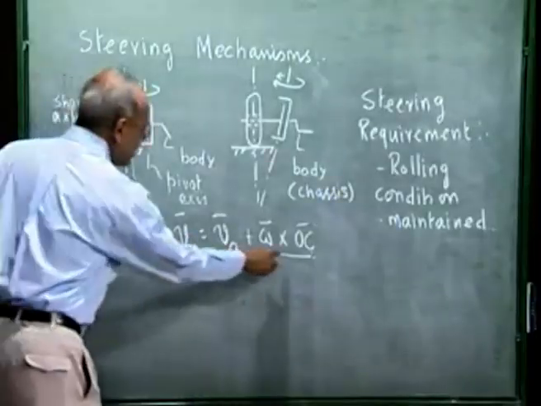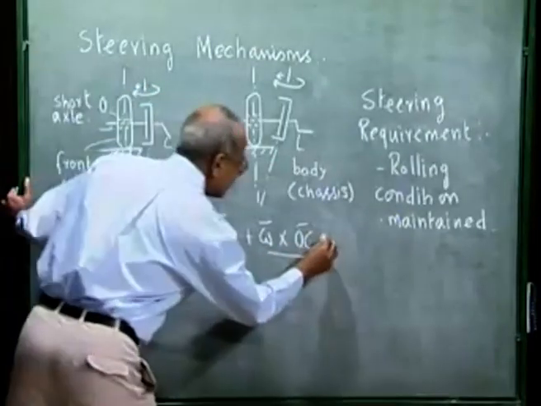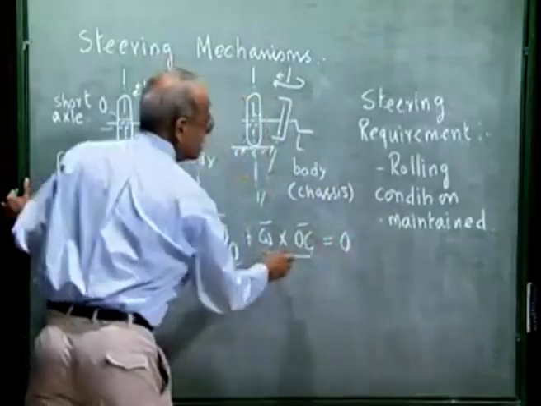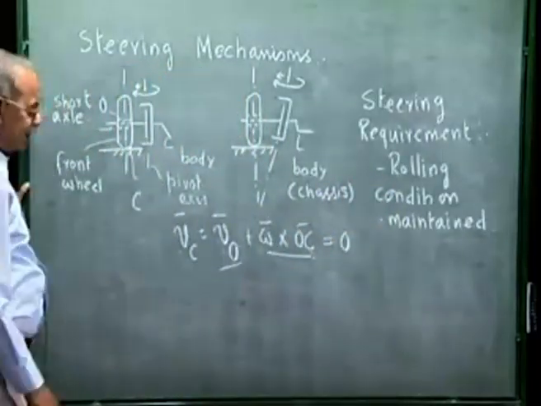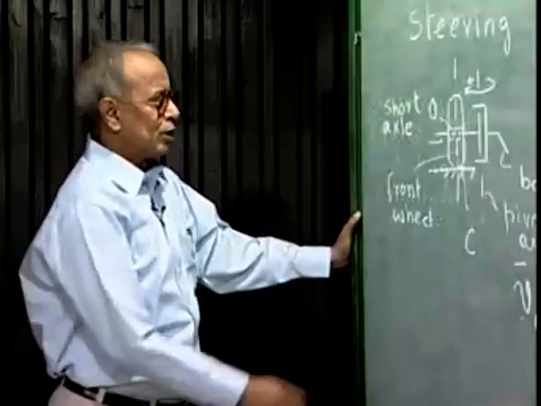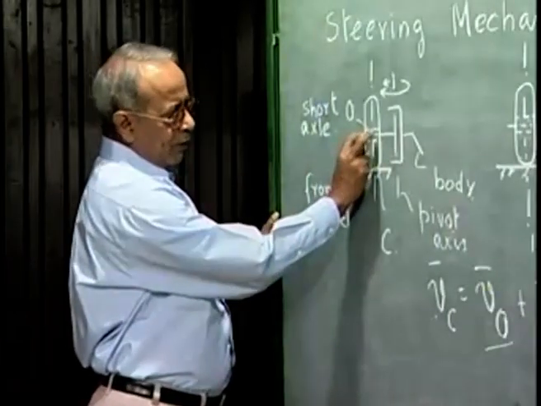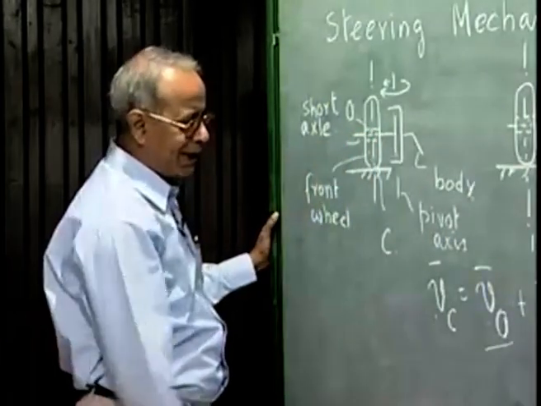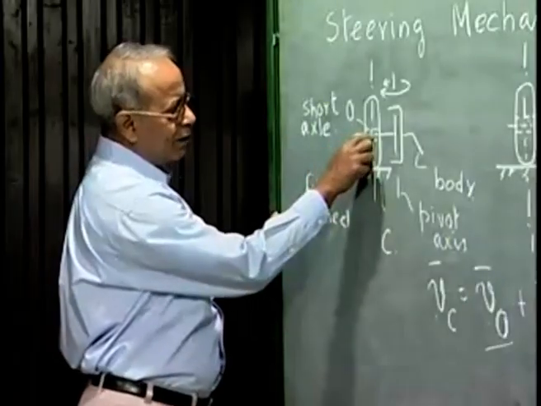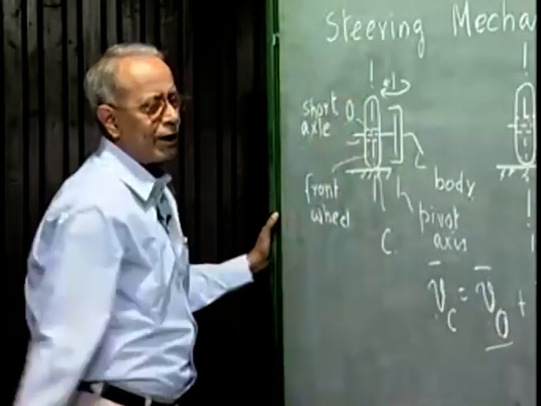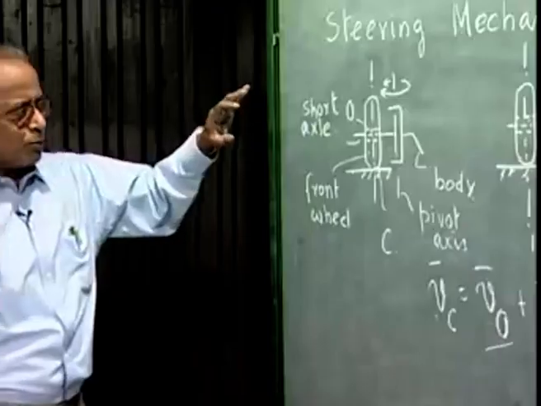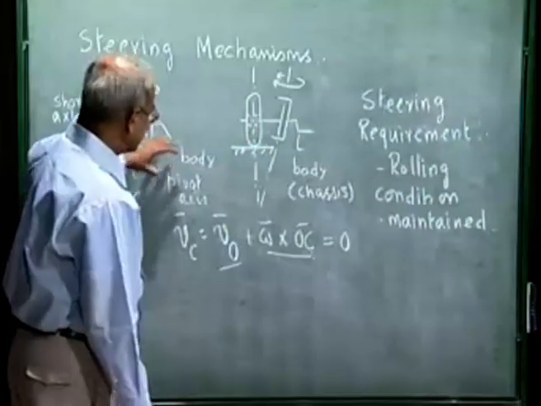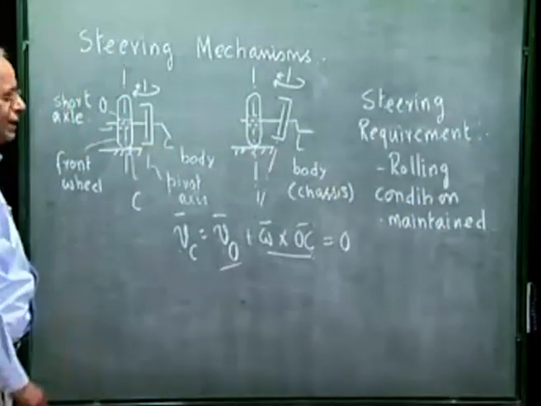So, VO must lie in the plane of the wheel such that VC can be 0, which is required for perfect rolling condition. So, the front wheels must turn appropriately such that the center velocity lies in the plane of the wheel. To maintain this steering requirement, let us see what is the condition needed.